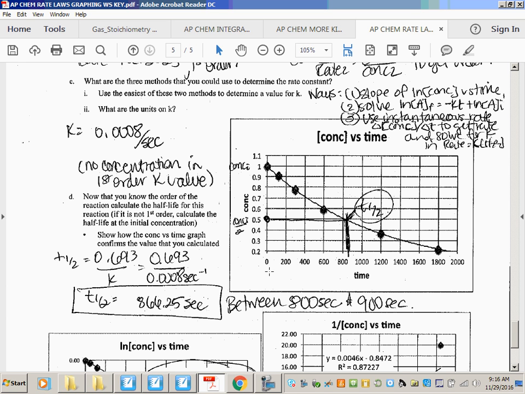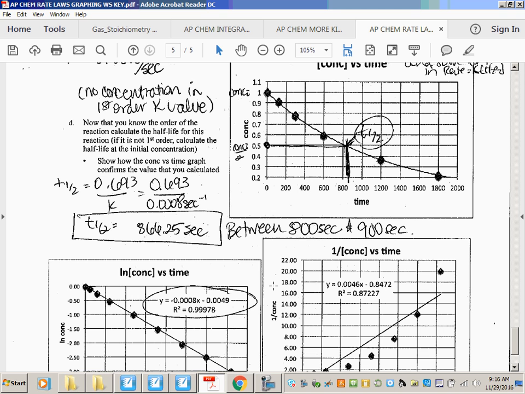And then for half-life, do not use the integrated rate law graph that you selected, because it is not the appropriate graph for half-life. The appropriate graph has to be concentration versus time. That's the part I didn't highlight that day we did integrations.